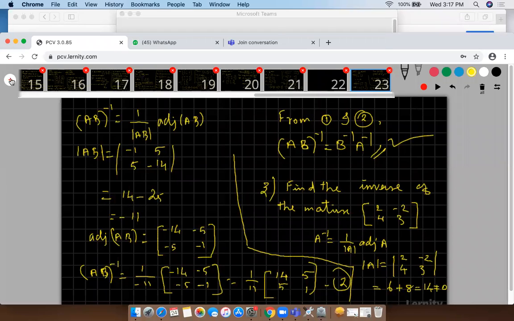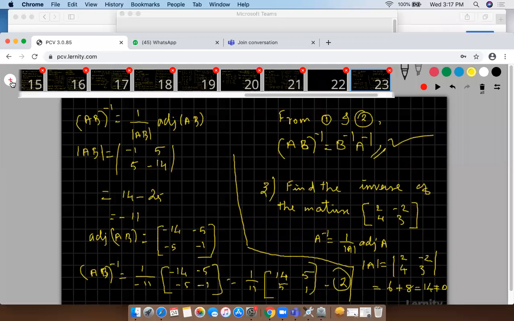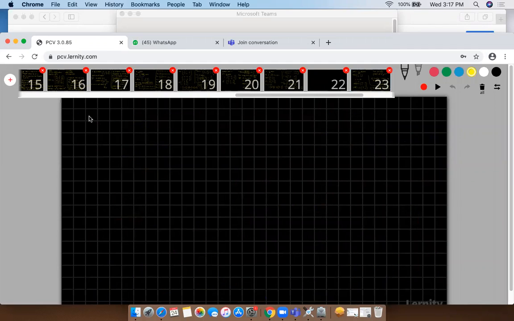Now let us come to that. The determinant is 14, and find the adjoint of A. How to find out the adjoint of A? My A is equal to 2, minus 2, 4, 3. Interchange these two elements: this is 3, this is 2, and change the sign, so this is minus 4, this is plus 2.